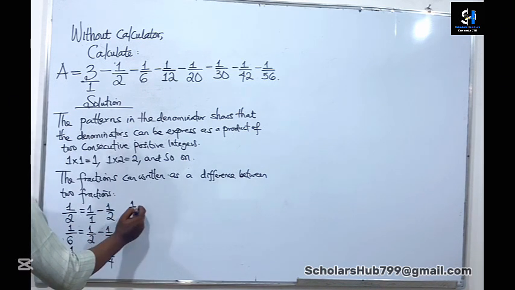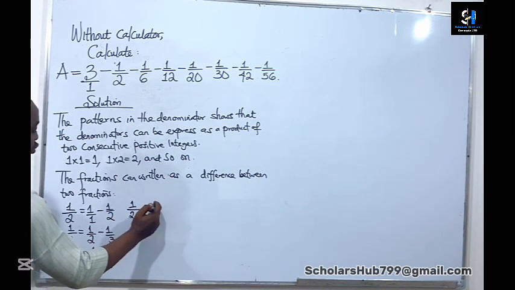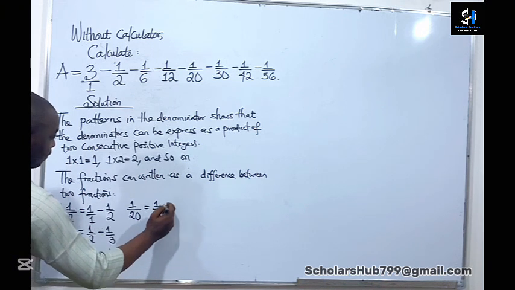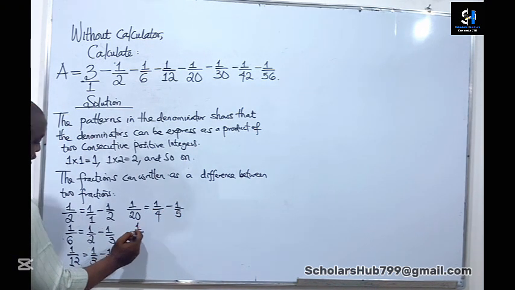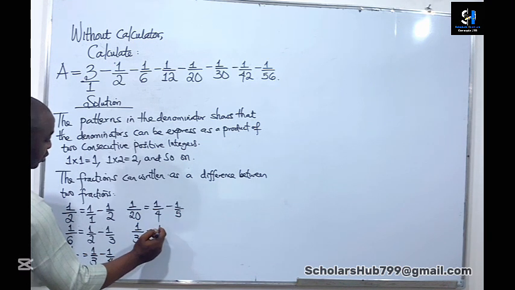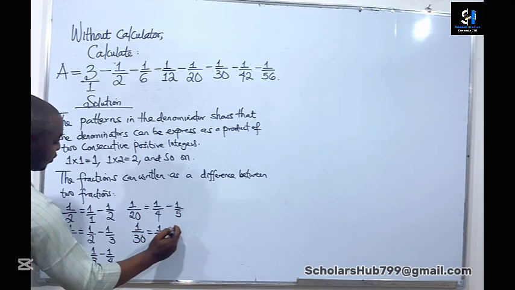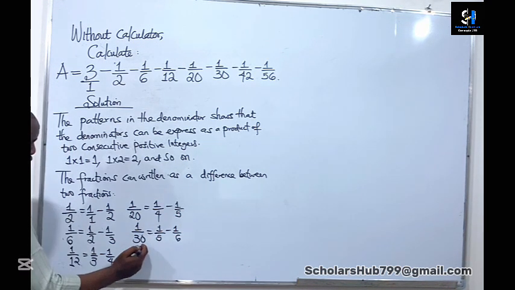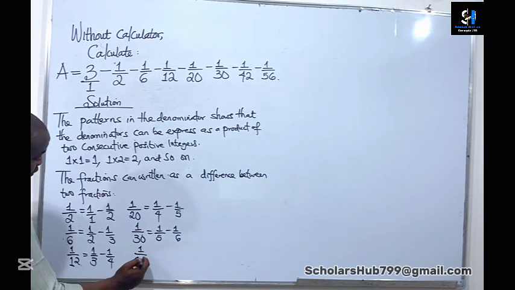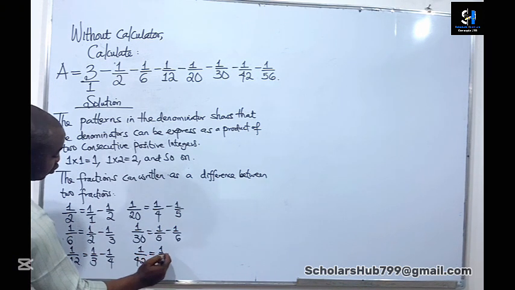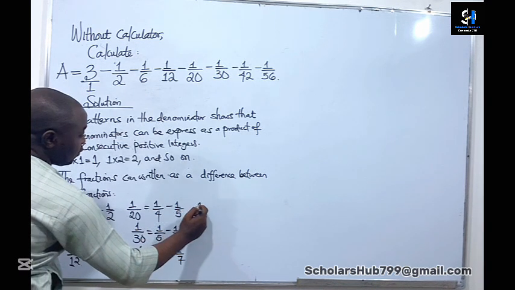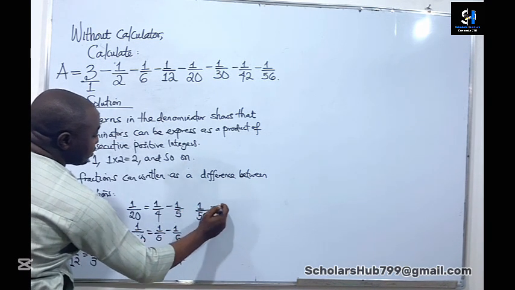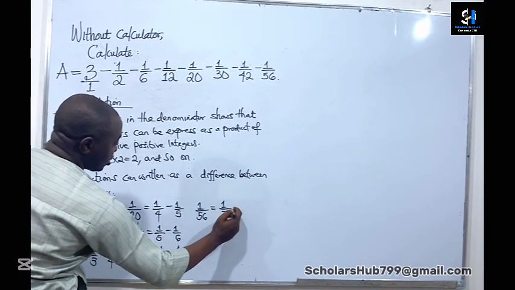Then 1 over 20 will be 1 over 4 minus 1 over 5. Then 1 over 30 will be 1 over 5 minus 1 over 6. Then 1 over 42 will be 1 over 6 minus 1 over 7.